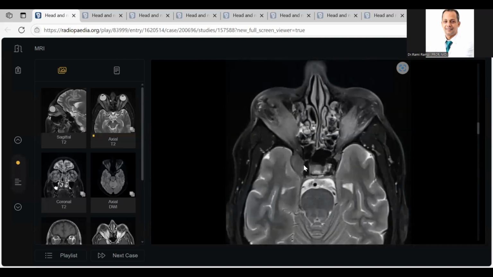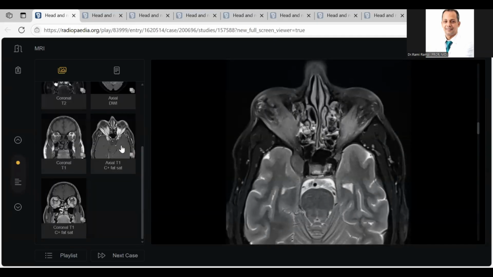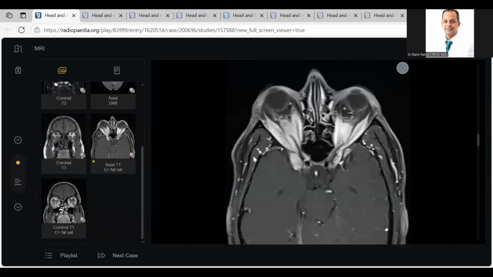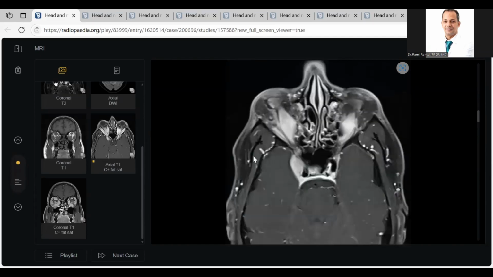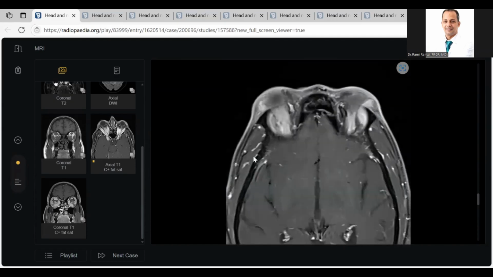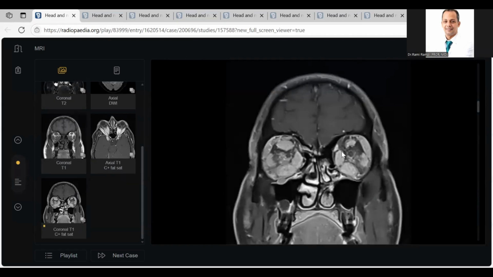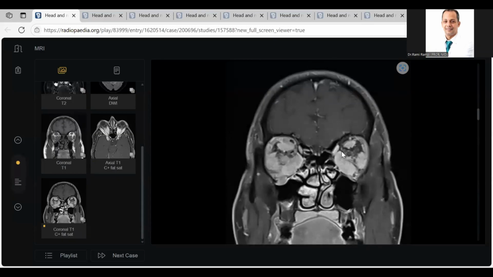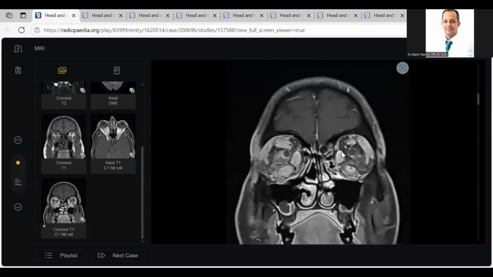There is soft tissue abnormality in the cavernous sinus, which is confirmed on the right side by the post contrast images. Sir, you forgot to tell me about the lacrimal gland, but your diagnosis is correct. Really, this is a pseudotumor, idiopathic orbital inflammation.